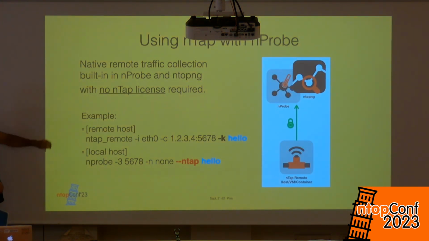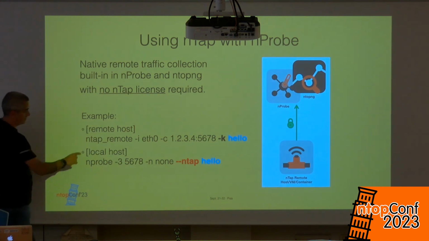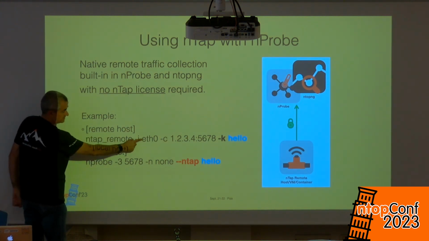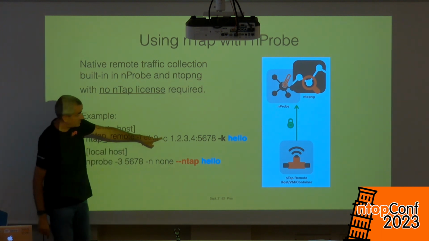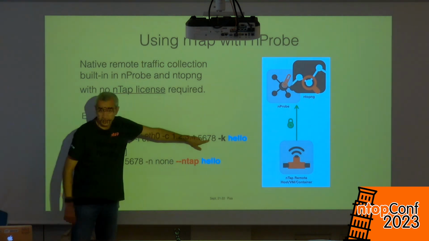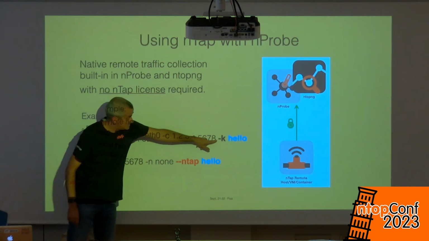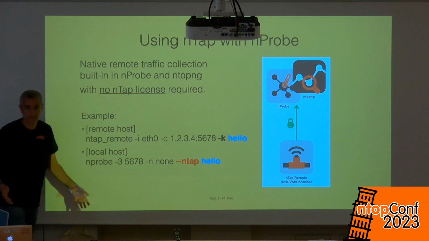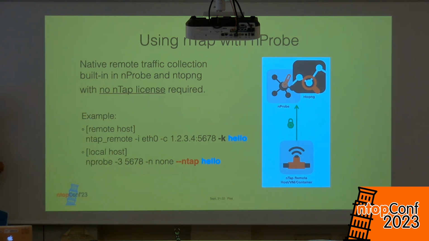No license. So you start n2disk remote, a remote location, and say, capture traffic from this Ethernet interface, and the collector that will be receiving these packets is running on this host and this port. And the encryption key is hello. I use a very simple encryption key, and this is another problem.